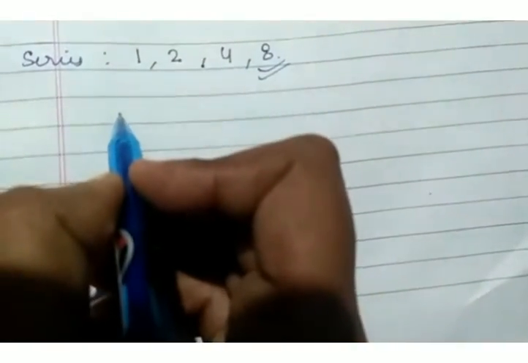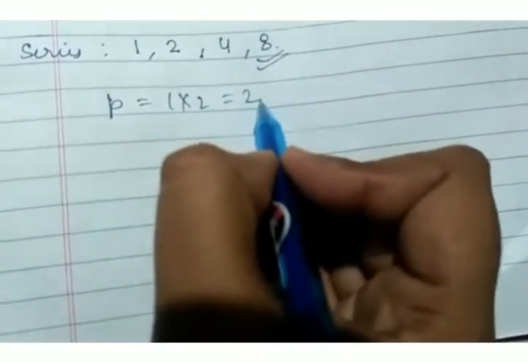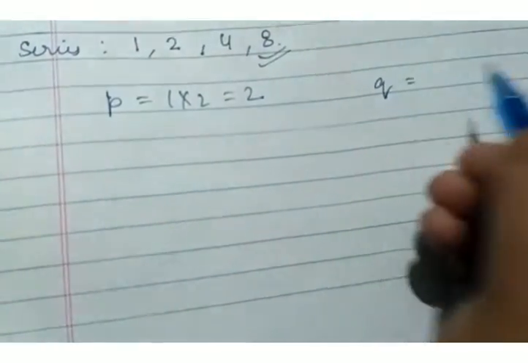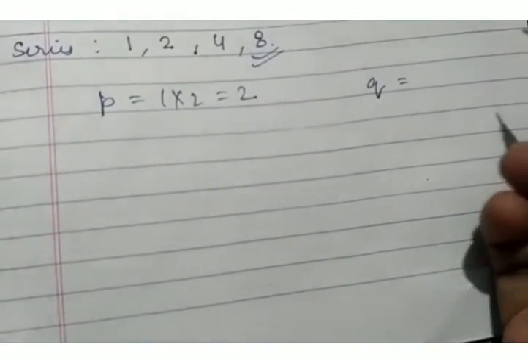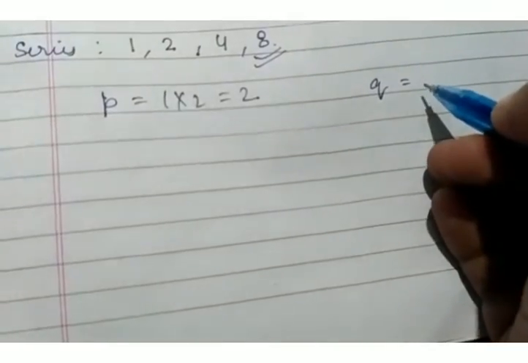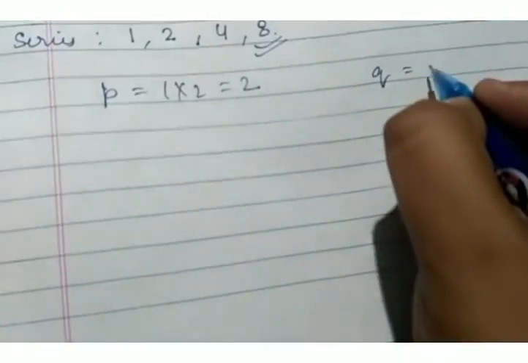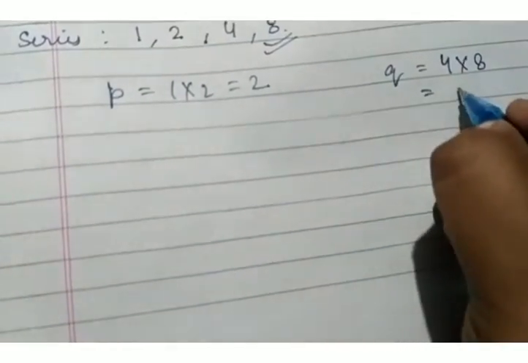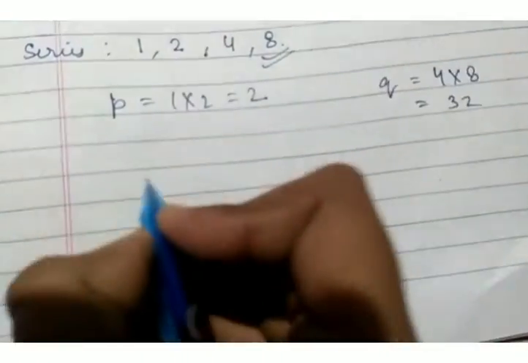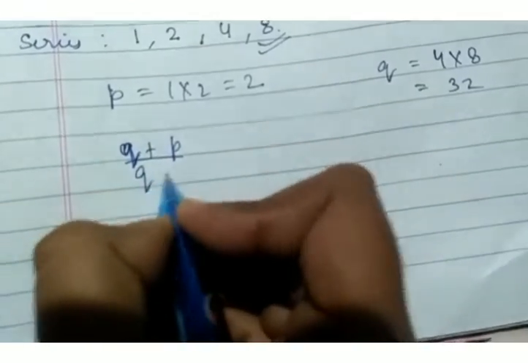Now the second equation was a into b equals to p, so using that we can find the value of p, 1 into 2, that is 2. Similarly, from equation number 4 we had q equals to cd, so in place of q we can write cd. The value of c is 4, the value of d is 8, so c into d equals to 4 into 8, that is equals to 32. Now we have to find the ratio of q plus p upon q minus p.